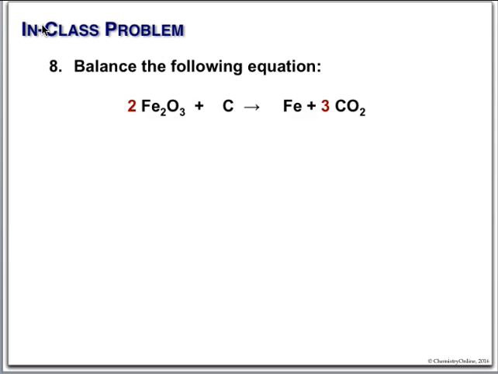So let's fix that. And now, if we're going to make 3 CO2s, that's 3 carbons, right? So we're going to need 3 in front of our carbon. And it worked.